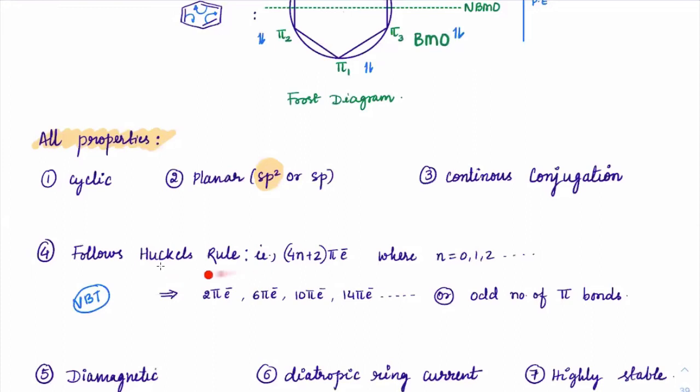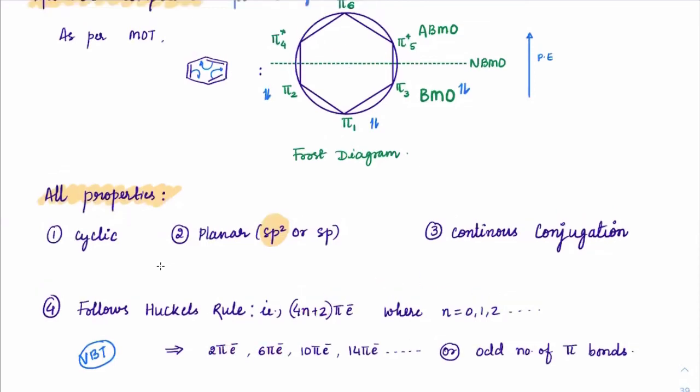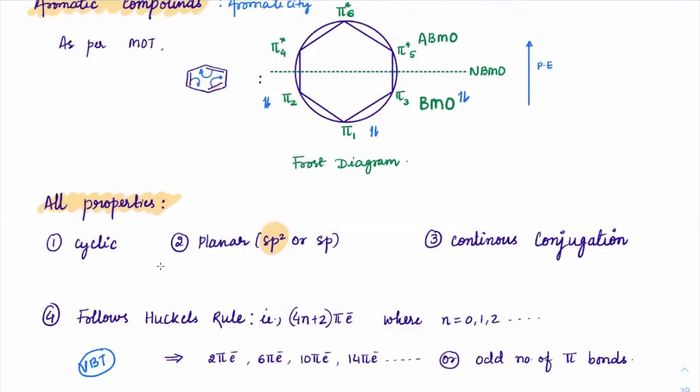Basically, Huckel's rule tells us that the number of pi electrons present in the molecule should be 4n plus 2. If we have 4n plus 2 pi electrons, then we say it is following Huckel's rule. Here n could be any whole number: 0, 1, 2, 3, 4, and so on. If I put n equal to 0, I get 2 pi electrons. If I put n equal to 1, 6 pi electrons. Now compare that with benzene. Benzene also has 6 pi electrons, which means benzene is following Huckel's rule.